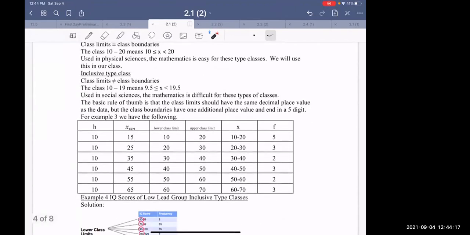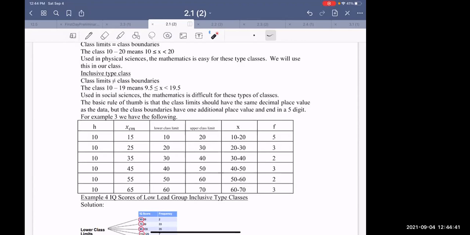let's say we write the class 10 to 19. So in this case, what it really means is look at the class boundaries. So this actually means 9.5 to 19.5.